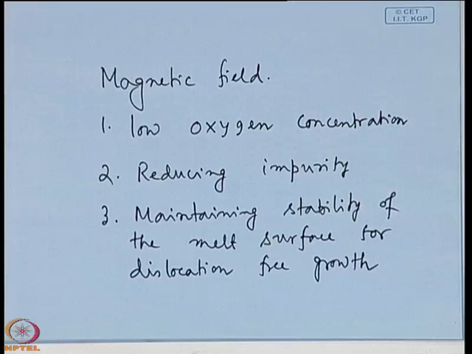So, these are the 3 points for which we use a magnetic field. One point is maintaining low oxygen concentration.